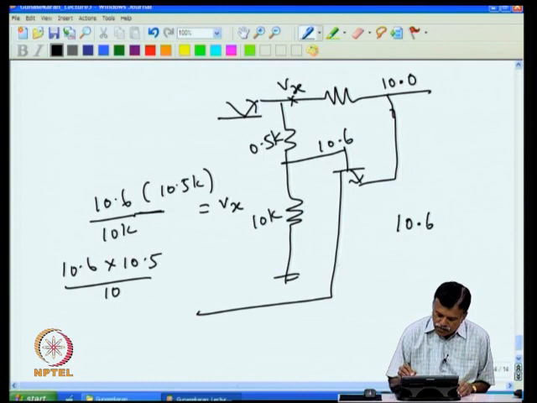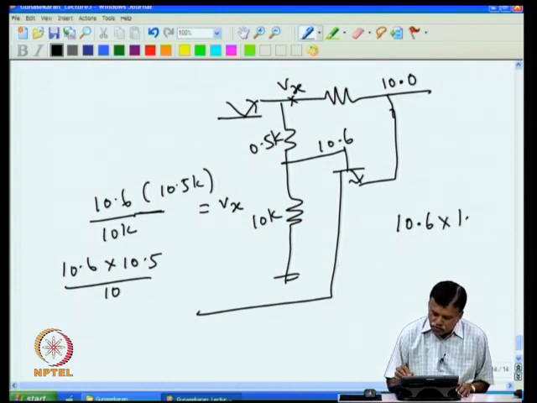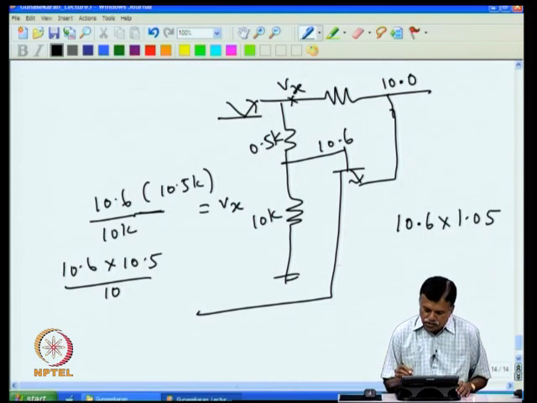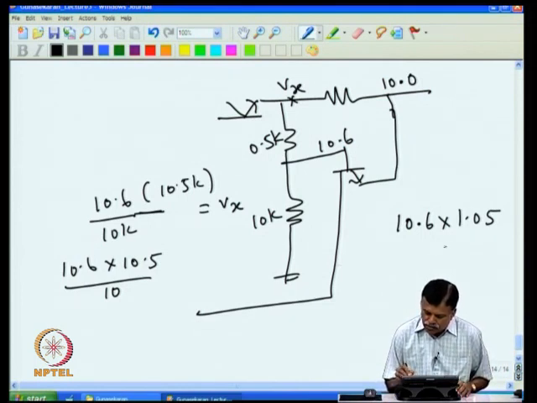10.6 into this division, if you remove, 1.05 will be coming. That will make this go to, I can multiply this.